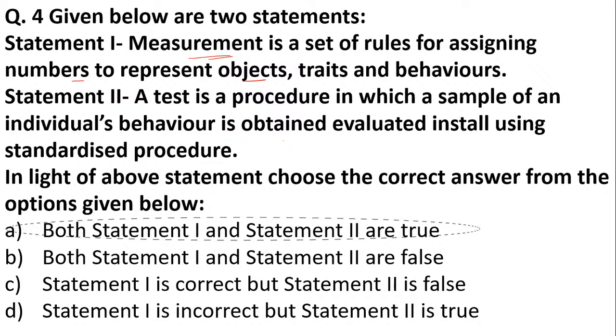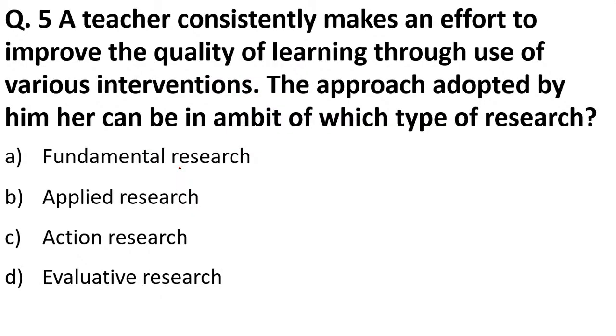Like what happens in school, you are given a test and on that you are being evaluated. Okay, there is a standardized procedure. If you solve this much, you will get this much marks. So that is a test. So both the statements are correct, is the right answer.